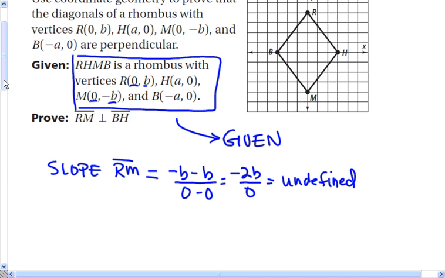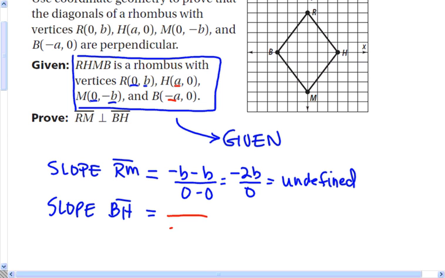And then we can find the slope of the other diagonal, which is BH. And that's equal to, BH, it's red here. We're going to subtract those two, so we get negative a minus a. Those are the x-coordinates, those need to be on the bottom when we're using the slope formula.